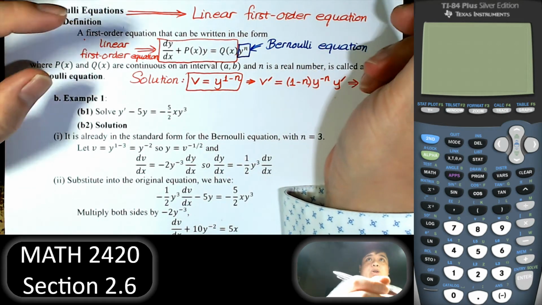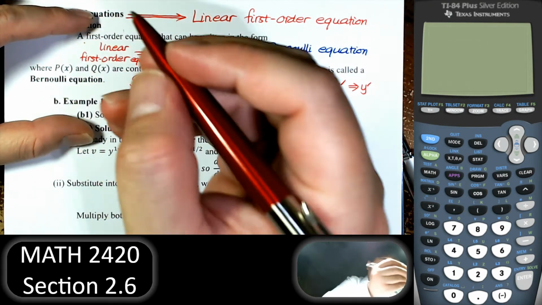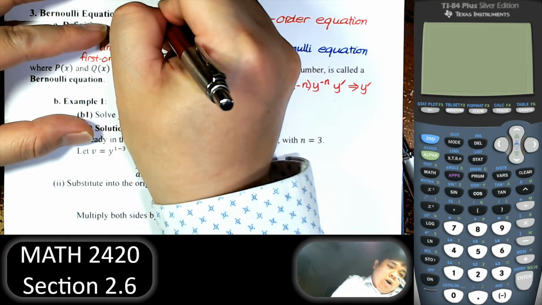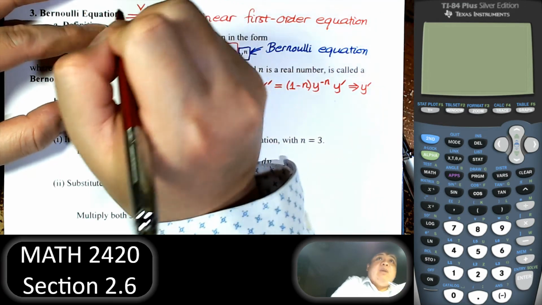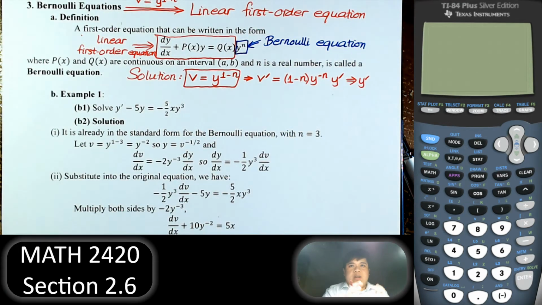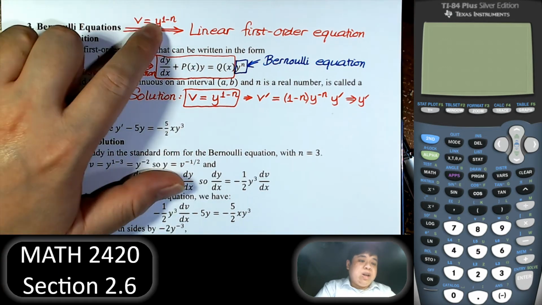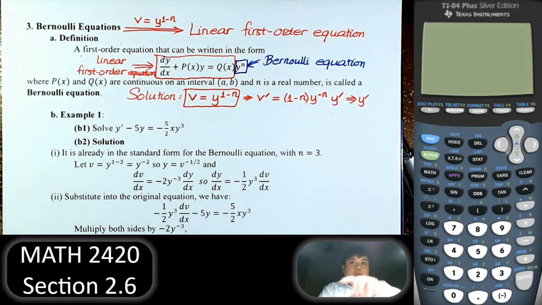So Bernoulli will turn into linear first order equation if we do the substitution of v equal to y to the 1 minus n. The rest will take care of itself. If we do the calculus part correctly, we should have the linear first order equation. So just need to know that that is the substitution. With that substitution, Bernoulli equation will turn into linear first order equation.